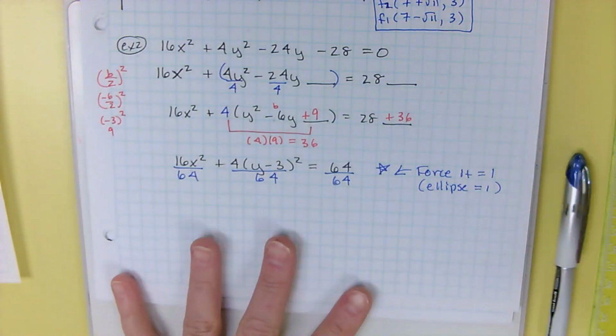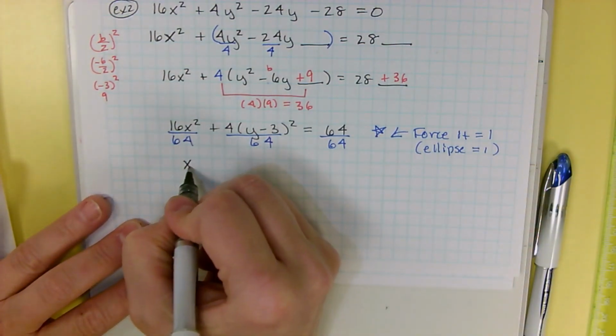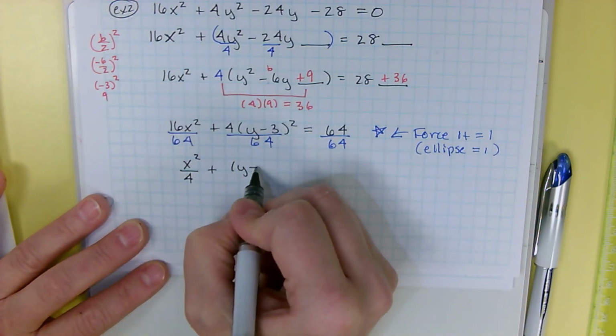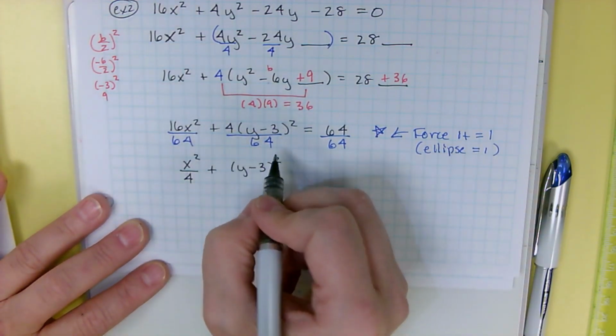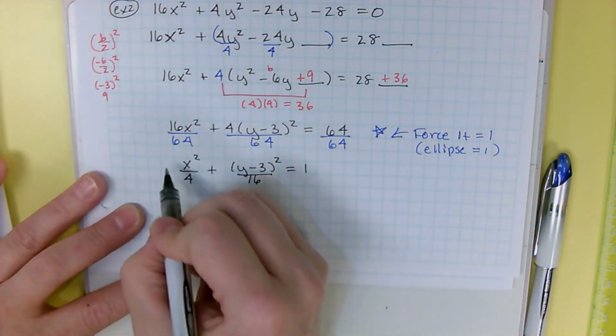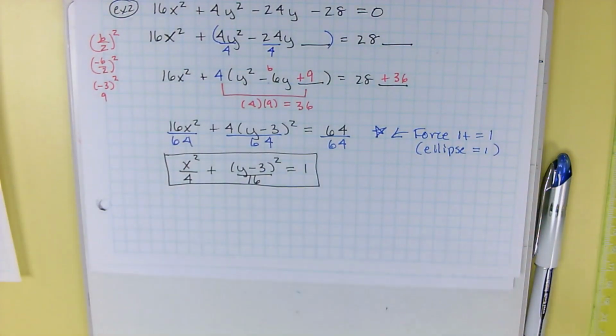Now, these equations are beautifully manipulated, so 99% of the time, you're going to get lovely whole numbers. 16 goes into 64 4 times plus y minus 3 squared. 4 goes into 64 16 times, and that equals 1. And you have your ellipse. Again, all but I think problem 1, everything goes in beautifully as whole numbers. If not, check your math.